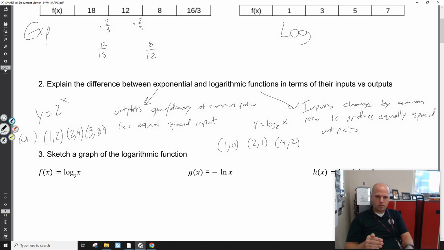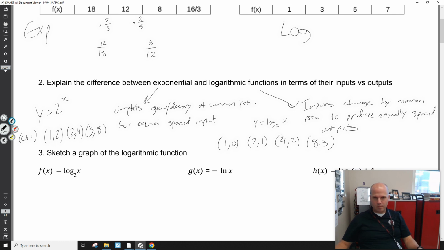If 1 goes to 2, the inverse has to take 2 and go back to 1. 2 goes to 4, 4 has to go back to 2. It's something I like to focus on, and I might talk about it in class during the lesson. But notice we need a common ratio, a growth or a decay, in terms of a ratio of your x's to produce equally spaced y's.